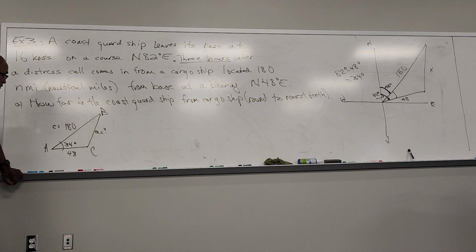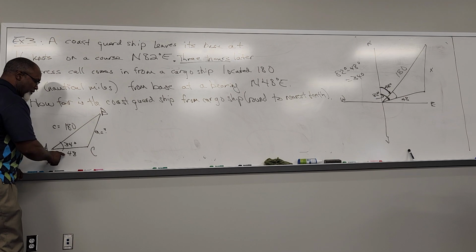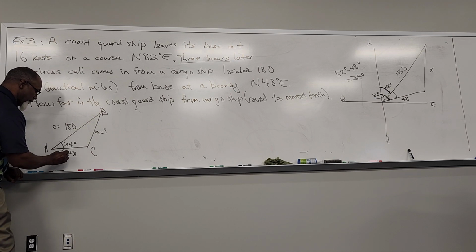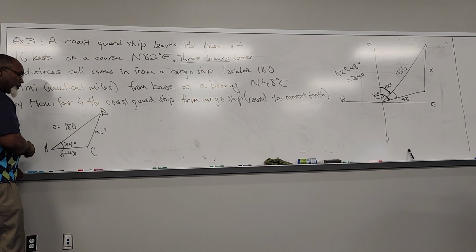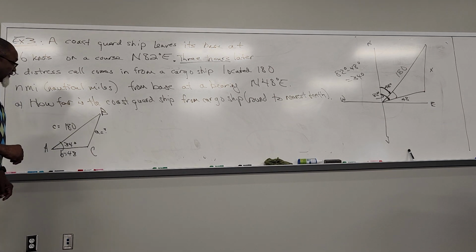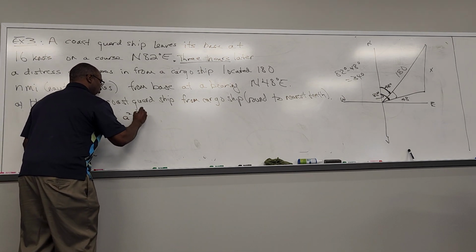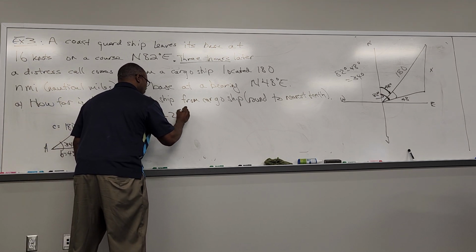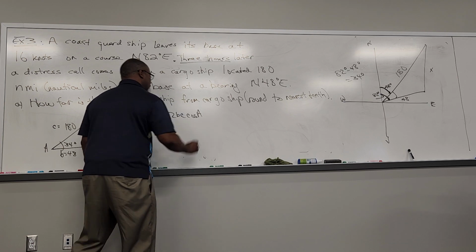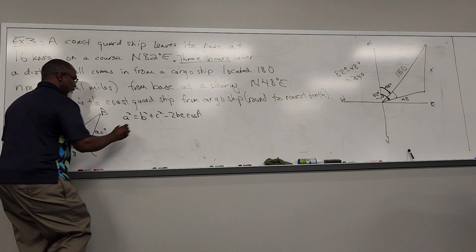Well, I've got side C, I've got side B, which I knew was 48. I don't have side A, but I have angle A. That's exactly what I need to use the law of cosines. A squared is B squared plus C squared minus 2BC cosine of angle A, because I know B and C and I know angle A. So plug in everything you know.